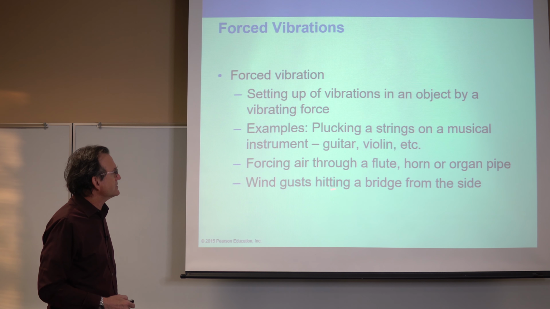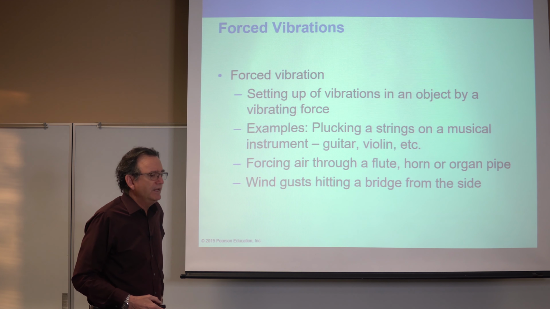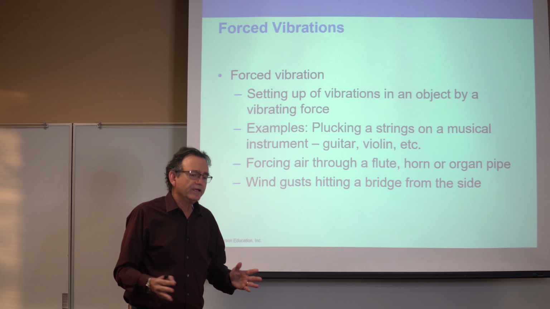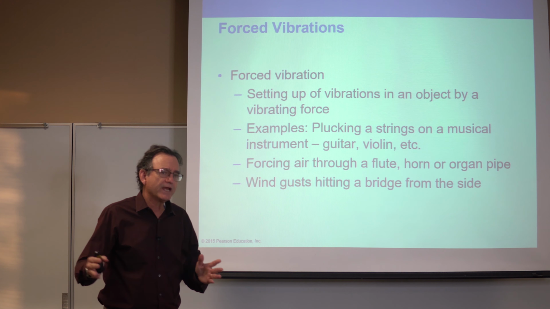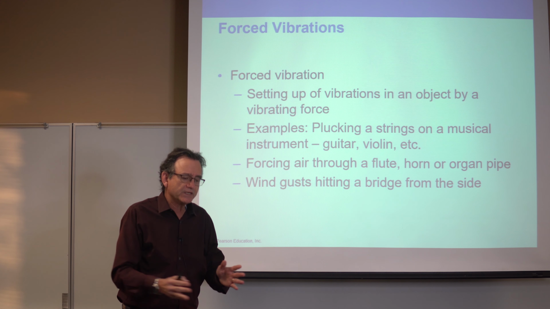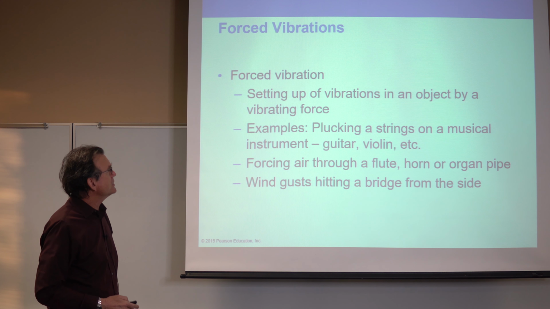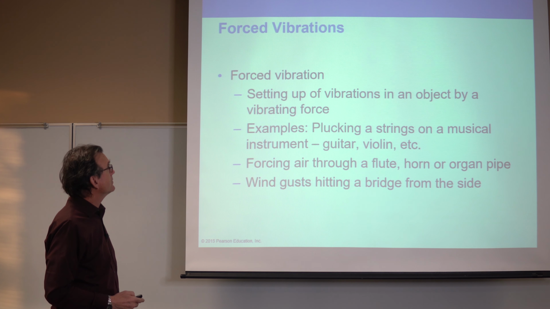If wind gusts hit a bridge from the side, you can actually create very damaging effects, where if the wind gusts occur at the right frequency, the bridge will oscillate and eventually collapse. So these are all examples of forced vibrations.